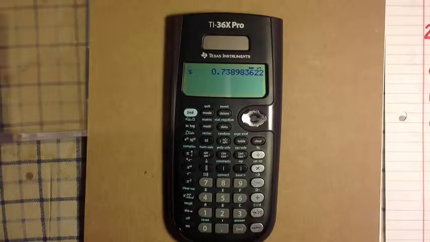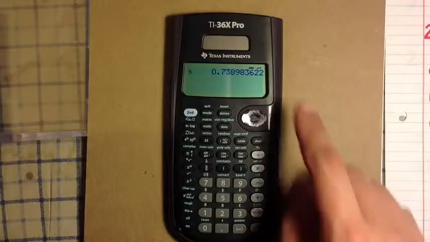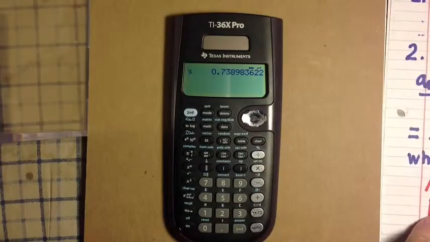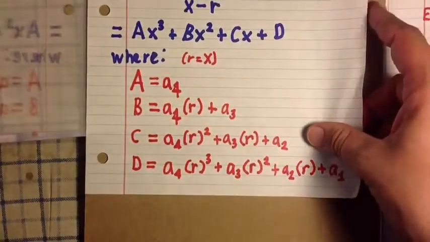I get 0.73898 3622, the root I just solved for. Now I can use this information to get the coefficients for my reduced cubic.